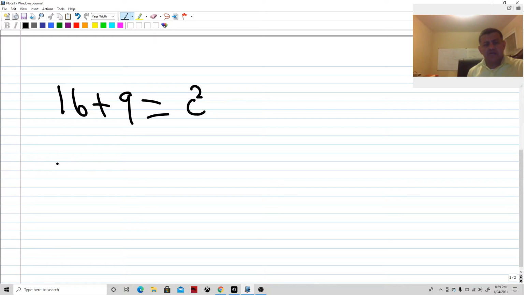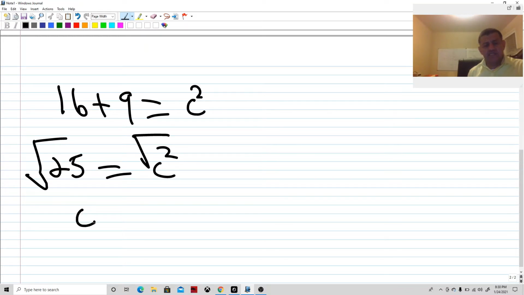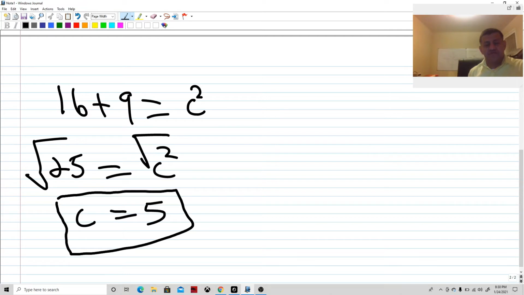I need to add those two, which is 25 is equal to C squared. And then we take the square root of that and we say that C is equal to 5. When you take the square root of something, technically it is a plus or minus, but in this case we're only dealing with the positive sign. So that's why the hypotenuse has to be a positive number all the time, right?